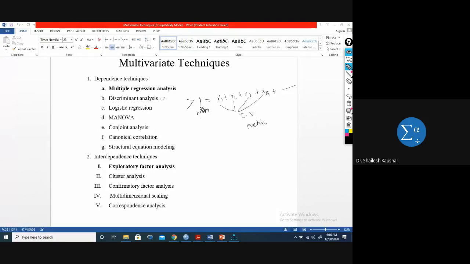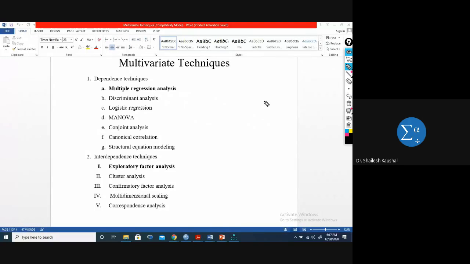So for example, y equals x1 plus x2 plus x3, where these are the independent variables. When we want to know the relationship of these independent variables with this, at one time we can check only one relationship, of one dependent variable.